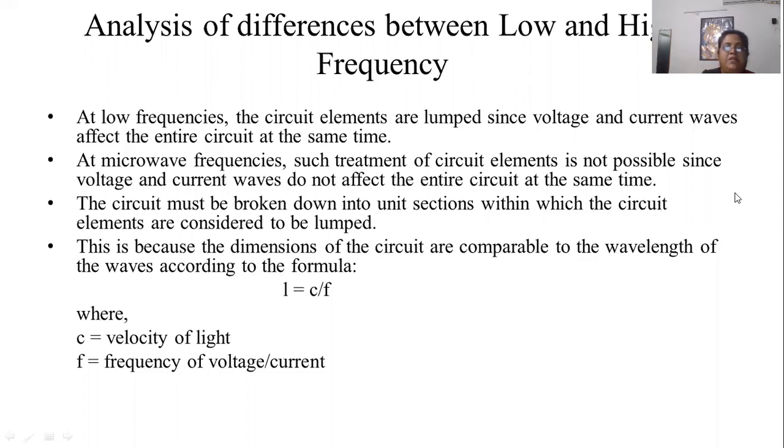The circuit must be broken down into unit sections within which the circuit elements are considered to be lumped. This is because the dimensions of the circuits are comparable to the wavelength of the waves according to the formula, where c represents the velocity of light and f represents the frequency of the voltage and current.